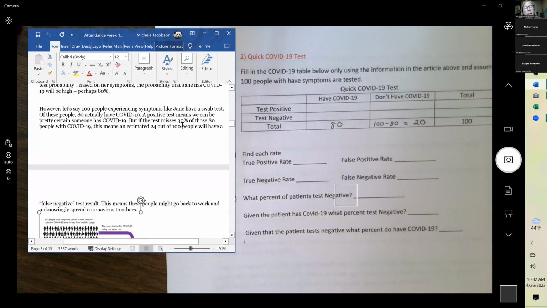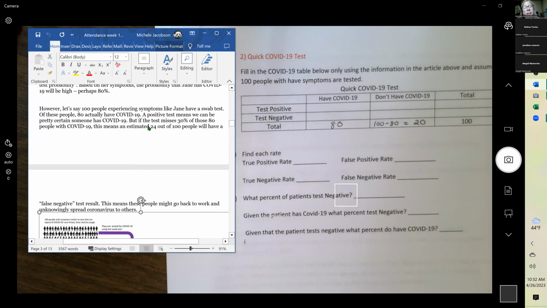A positive test means we can be pretty certain someone has COVID. But if the test misses 30% of those 80 people, this means 24 out of the 100 will have a false negative. False negative is here. If you look at your little paper, it says there's 24.